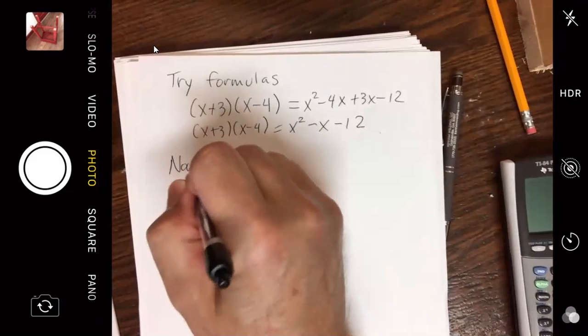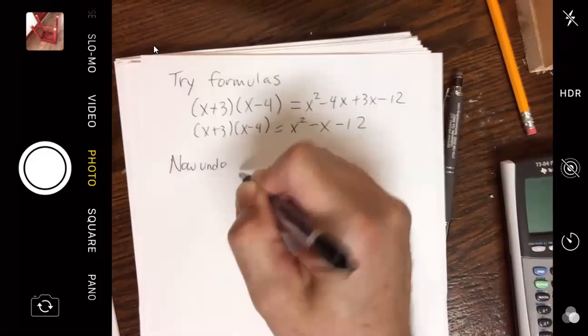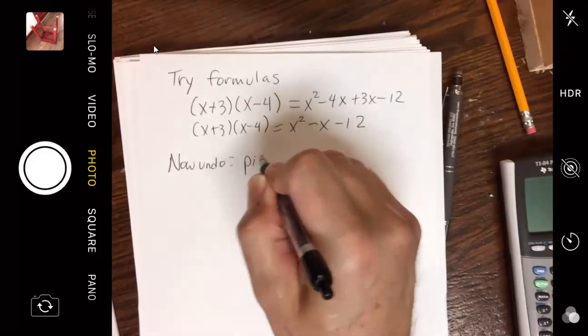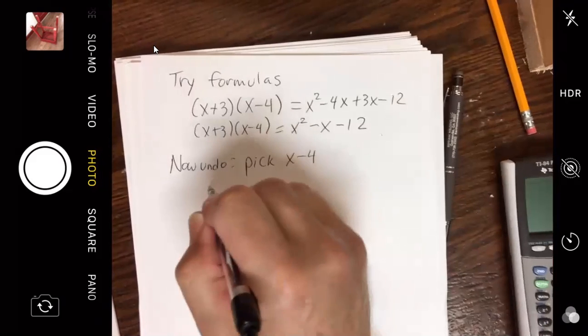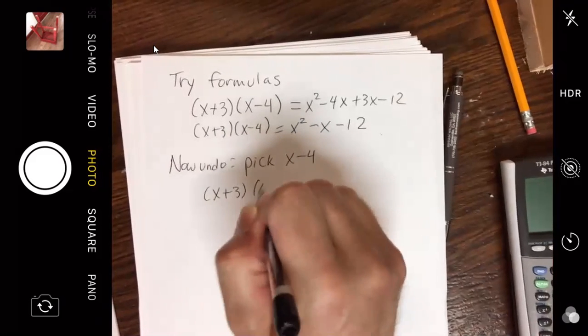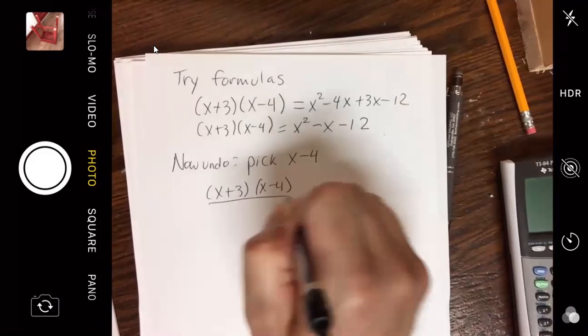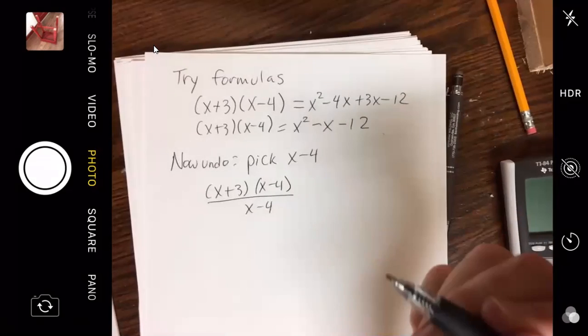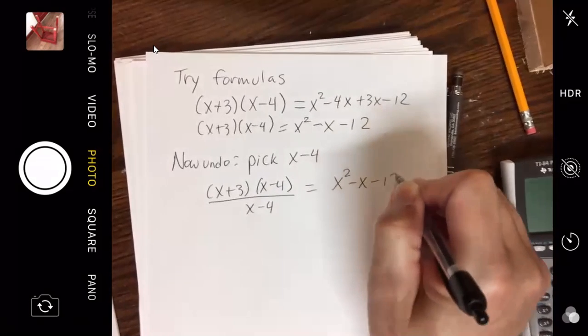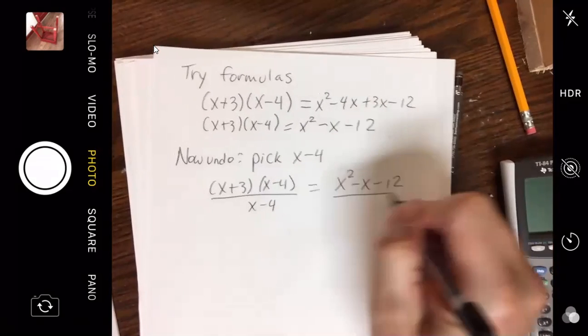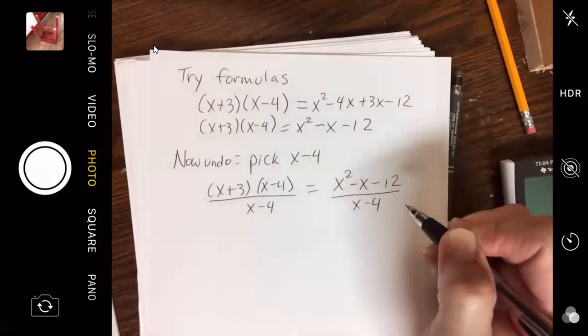Now, undo. I'll pick x minus 4. So if I take x plus 3 and x minus 4 and divide by x minus 4, the other side, I'll have to take x squared minus x minus 12 and divide by x minus 4.